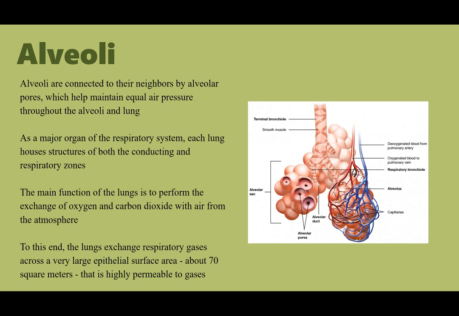To this end, the lungs exchange respiratory gases across a very large epithelial surface area, about 70 square meters, that is highly permeable to gases. This is where gas exchange occurs. And 70 square meters is about a quarter of a tennis court.